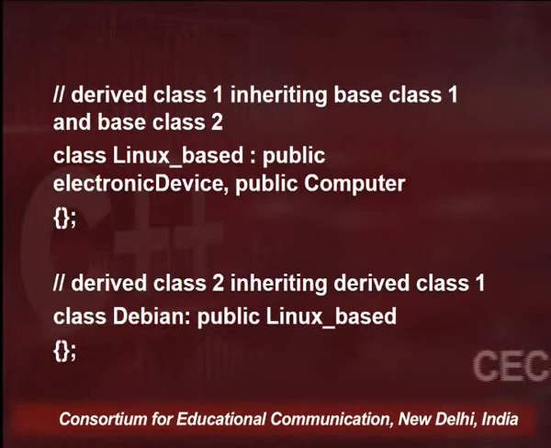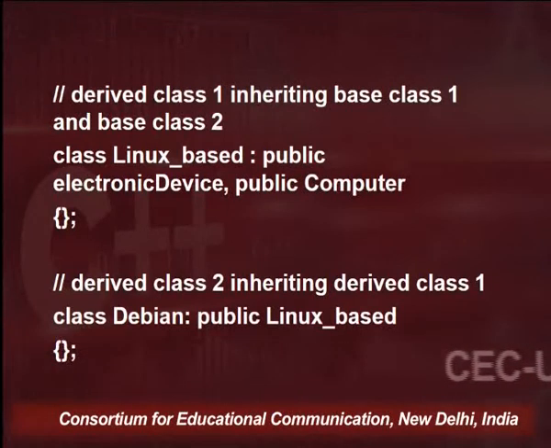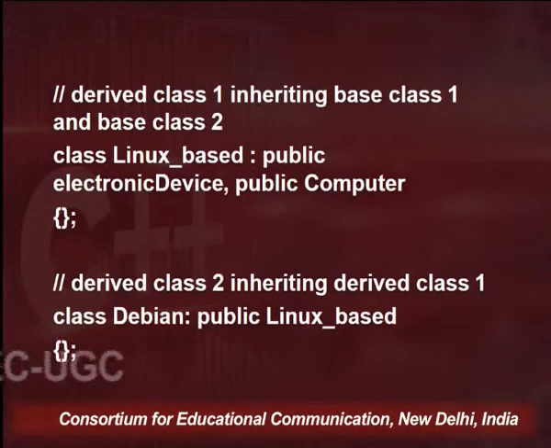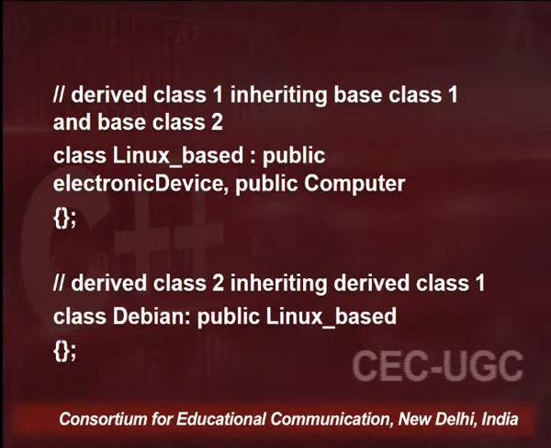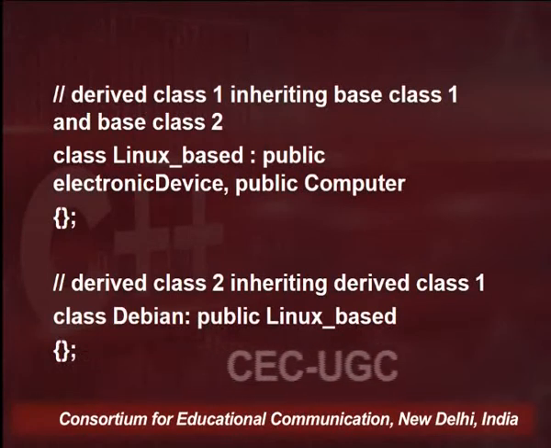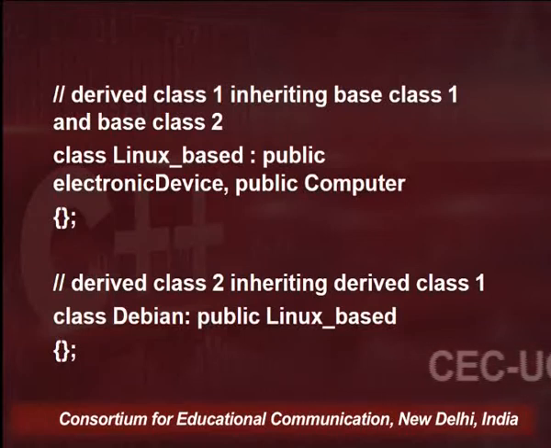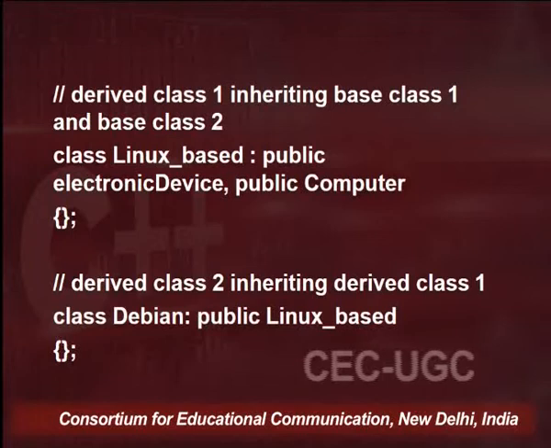Now let's have one more derived class which is not deriving ElectronicDevice or Computer. In turn, it is deriving the class LinuxBased. So now imagine a scenario where on the first level you have two classes, one is ElectronicDevice and another one is Computer, that are being inherited by one class LinuxBased, and this LinuxBased in turn is inherited by class Debian in public mode.